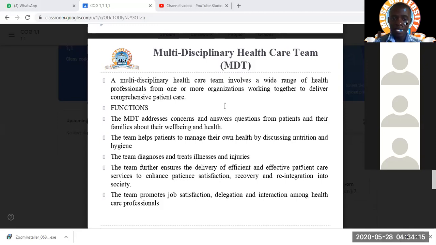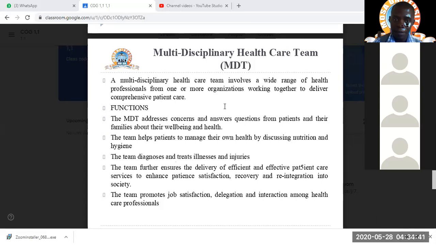Further, the team diagnoses and treats illnesses and injuries. The team further ensures the delivery of efficient and effective patient care services to promote patient satisfaction, recovery, and reintegration into society. The team promotes job satisfaction, delegation, and interaction among healthcare professionals.